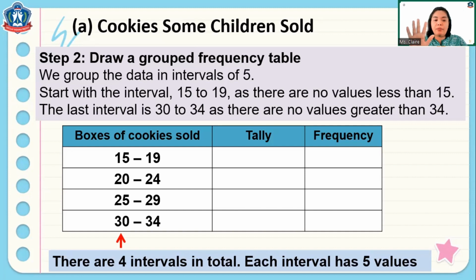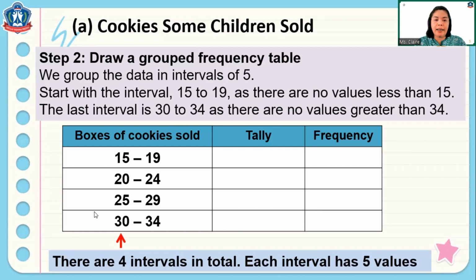That is also 5. Then 25 to 29, and 30 to 34. So there will be 4 intervals in total, and each interval has 5 values. Now after that, we will do the tally.